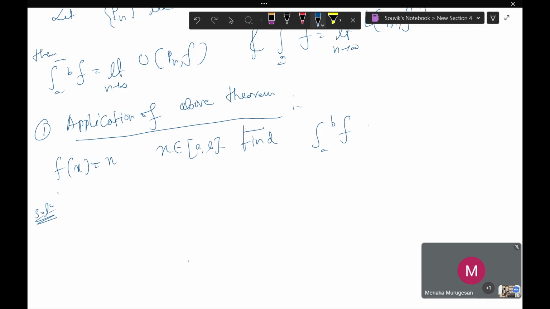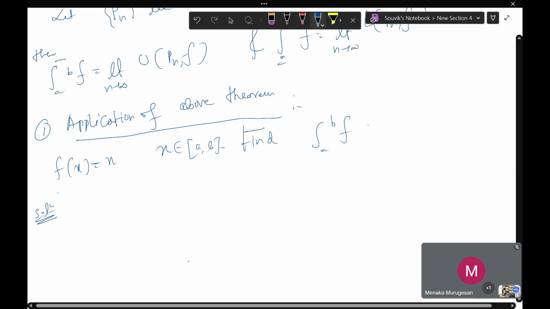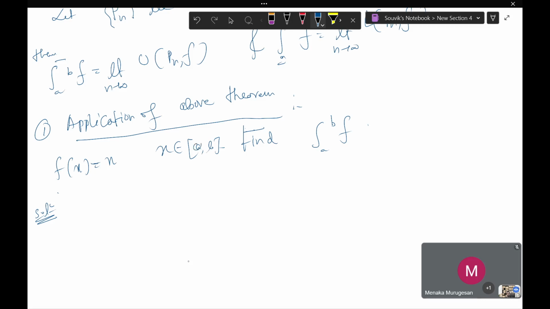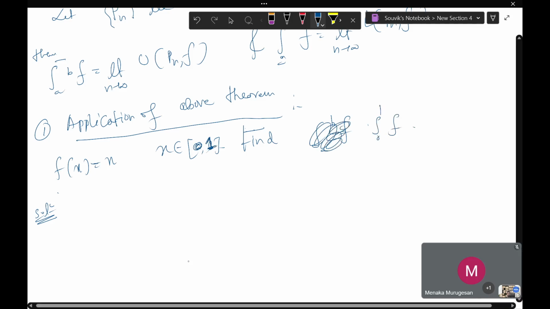But we are going to prove it using the above theorem. For the sake of calculation, to make it easier, we take the interval 0 to 1. Later, using change of variable, we can do the general case.